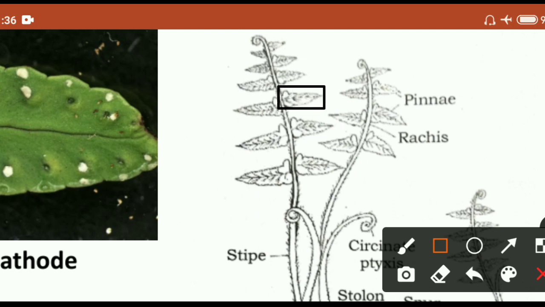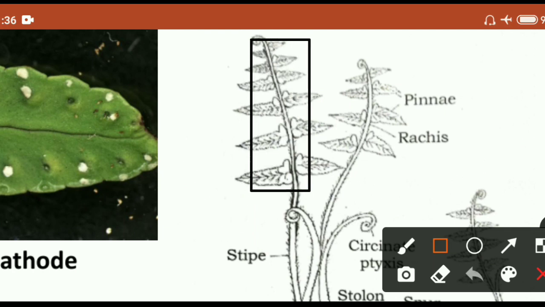Such leaves are called pinnately compound leaves, and these are arranged on a central axis. That central line is called rachis.